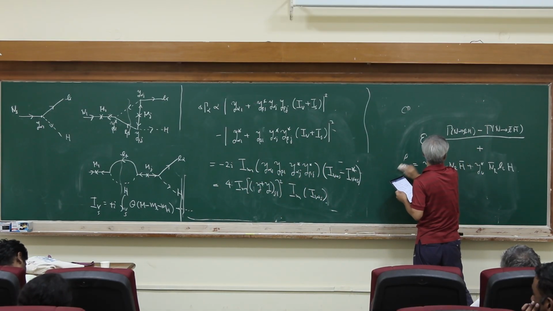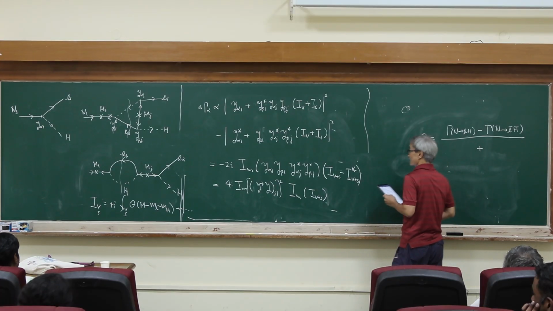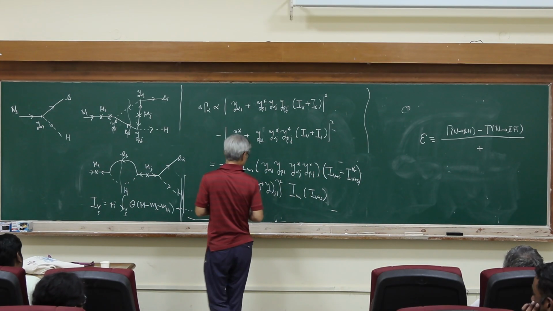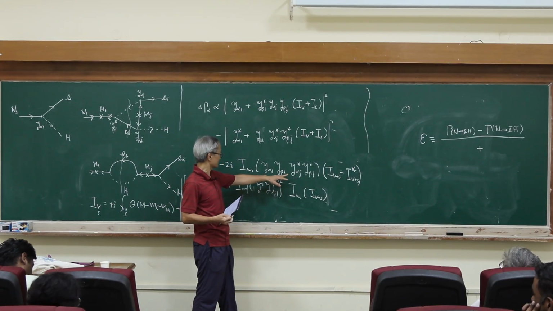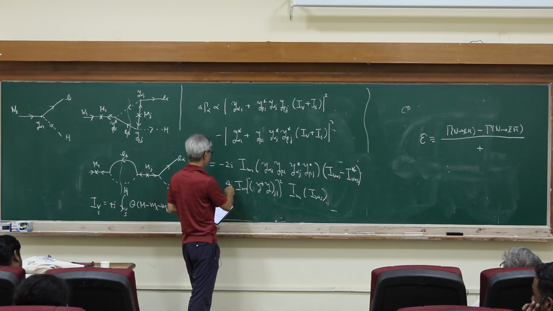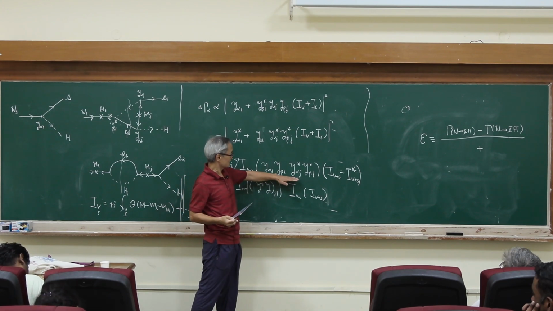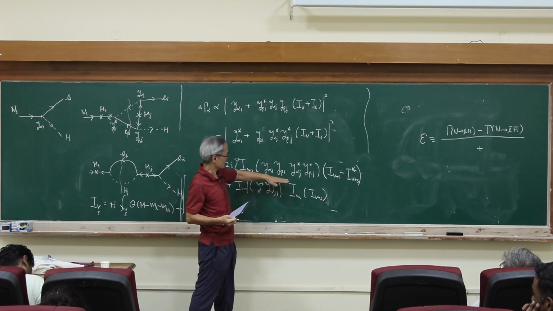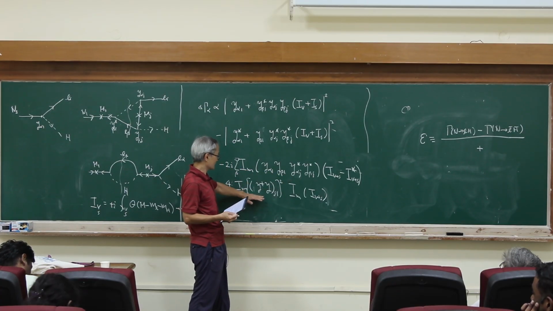Okay, so now epsilon. Including the flavor effect, we just sum up all the flavors, alpha and beta. We summed up the flavor, sigma, L alpha. But if there is a flavor effect at different temperatures, then we cannot sum up, so we have a more complicated expression.